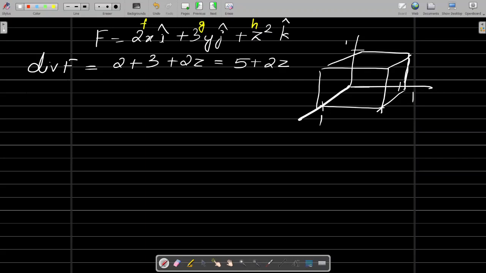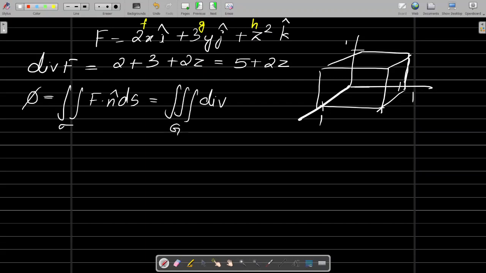So the divergence theorem says that the flux across sigma is equal to the double integral over sigma of f dot n dS, which is equal to the triple integral over G of the divergence of f dV. That is equal to the triple integral over G of 5 plus 2z into dV.